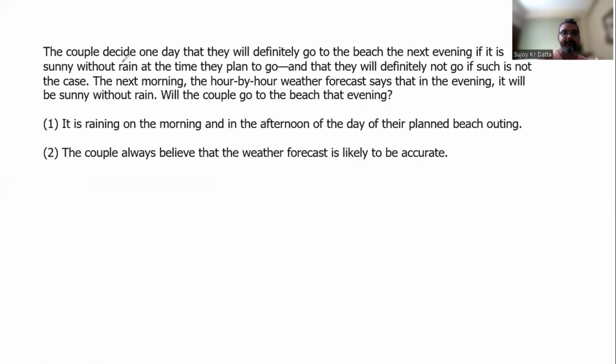It talks about a couple that decide one day they will definitely go to the beach the next evening. They will go to the beach the next evening if it is sunny without rain at the time they plan to go. So that means if sunny when they plan, then we'll go.